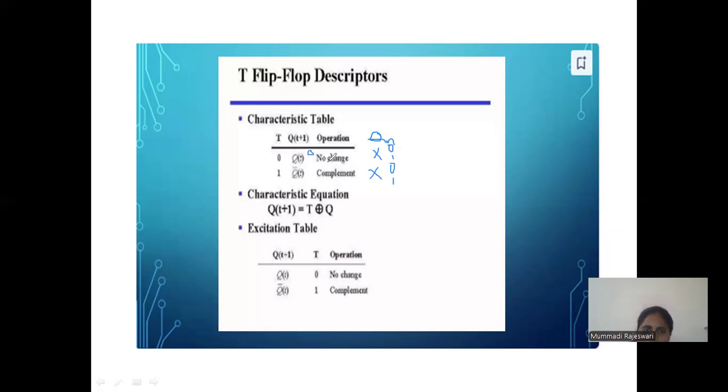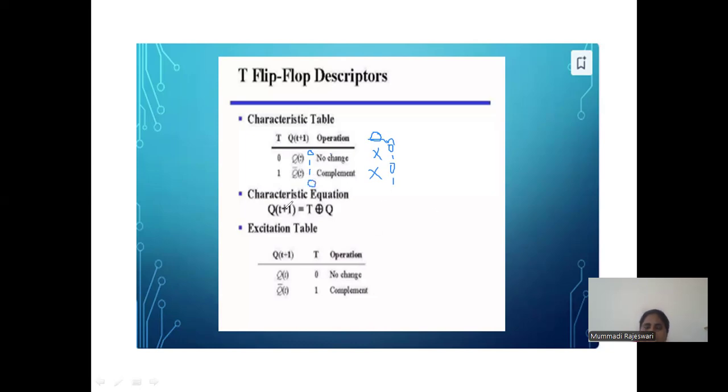When the present state is 1 and T is 0, no change, so the next state is 1 only. When T is equal to 1 and the present state is 0, the next state is the complement, that is 1. And when T is equal to 1 and the present state is 1, you get the output as a toggle, that is 0.